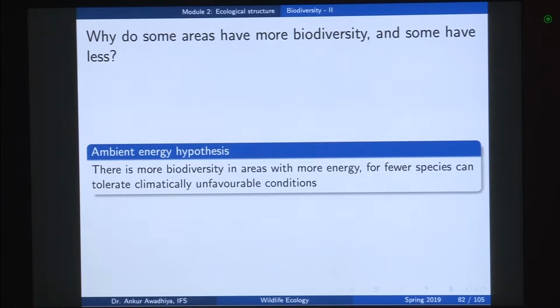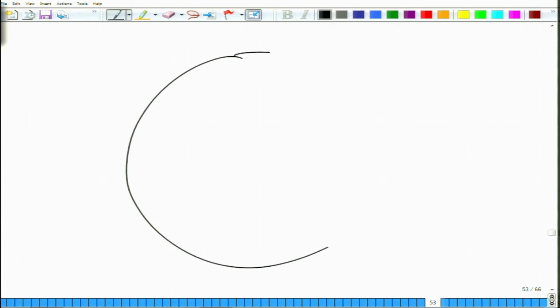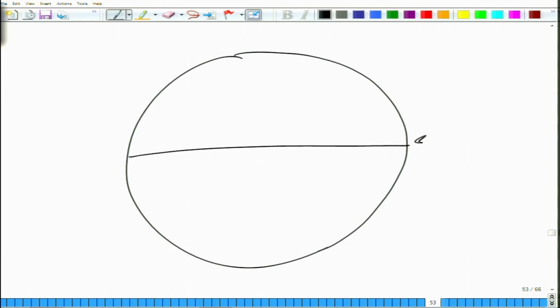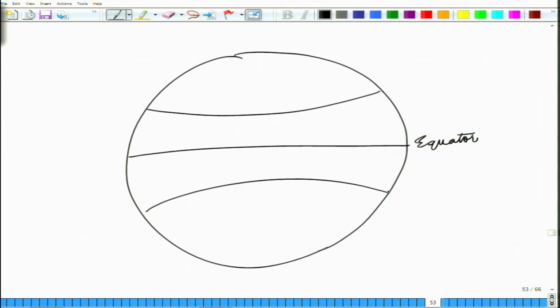Now, we can look at it by considering the structure of the earth. So, in the case of the earth, here we have the equator, then we have the 2 tropics, the tropic of Cancer and the tropic of Capricorn, and then the Arctic circle and the Antarctic circle.